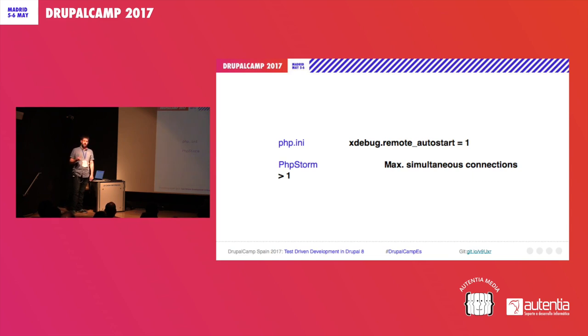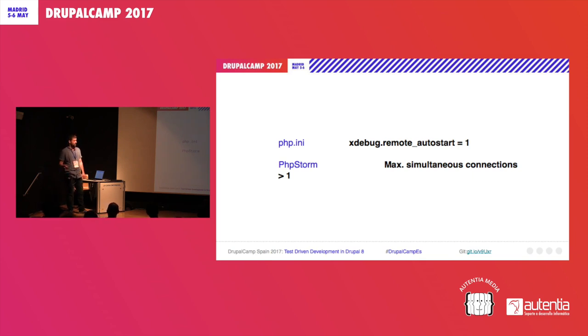If you want to use PHPStorm's debug listener, you need to enable the xdebug remote autostart feature, which will catch any of those connections. It's not enabled by default. If you enable it, it will work out of the box. So it's technically not out of the box, but with this on, it will be out of the box.